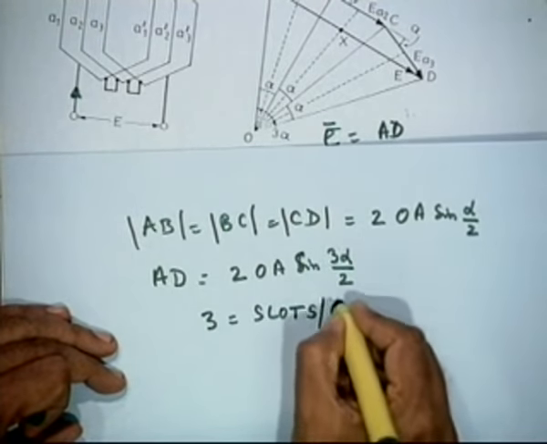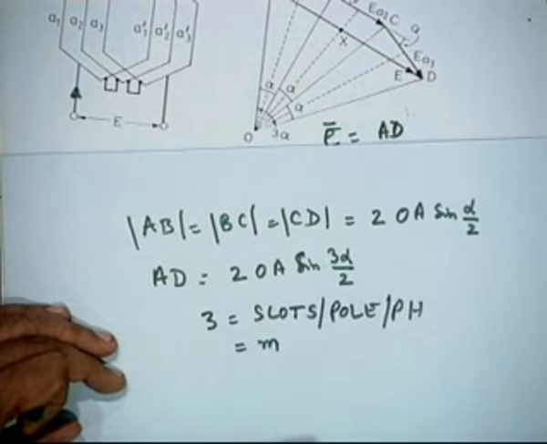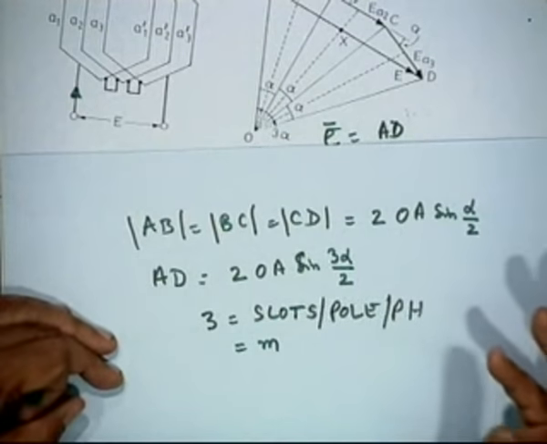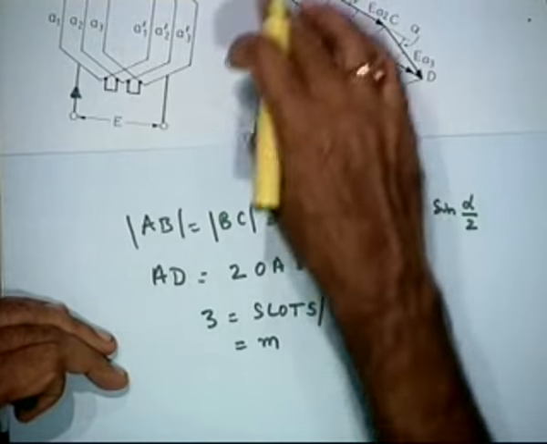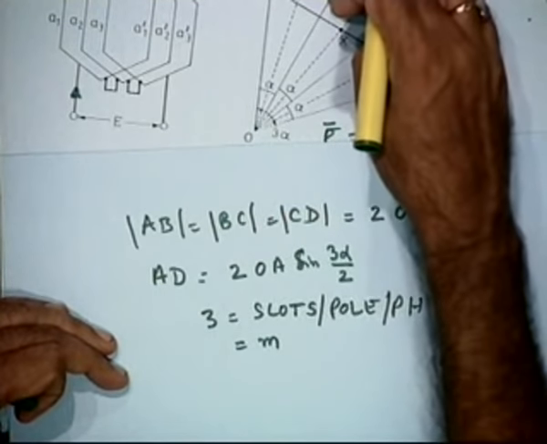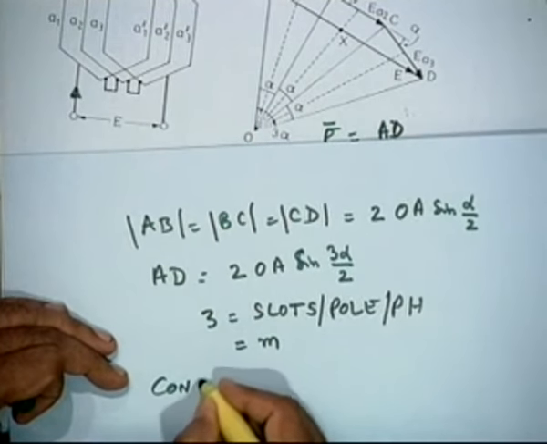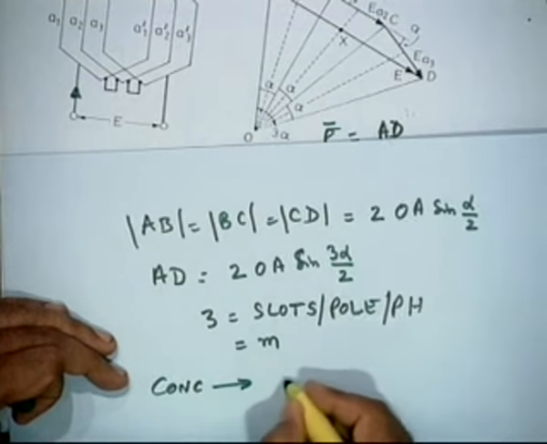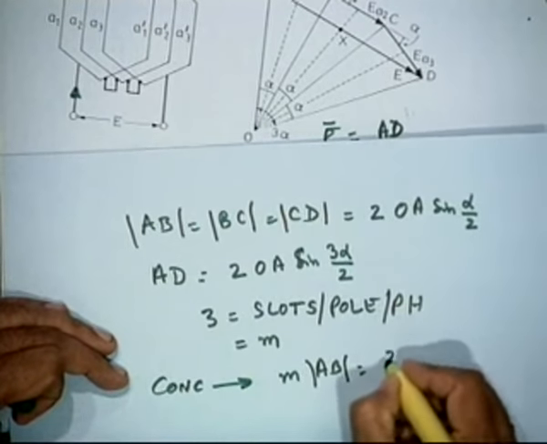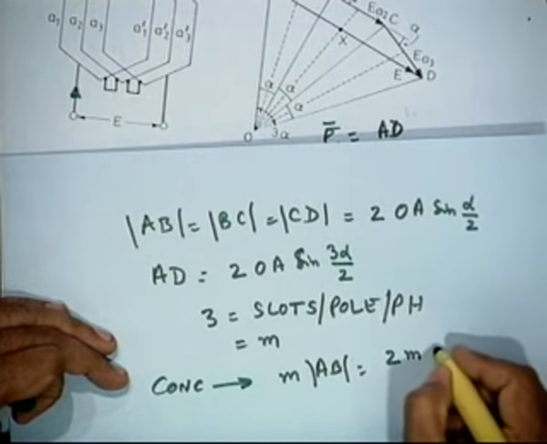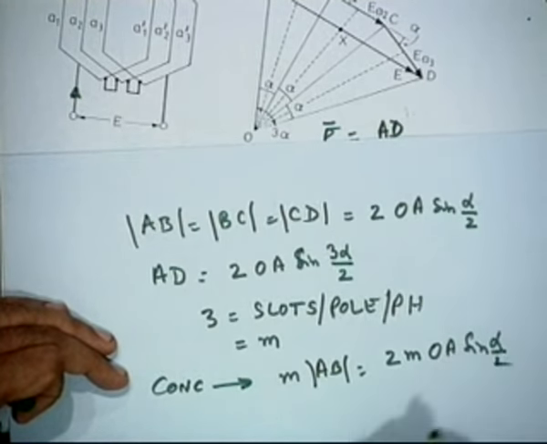We define slots per pole per phase, let us call it M. Here it is 3, it could be a general M. Therefore, if it were a concentrated coil, all put together in one slot, it will become M times AB, which is twice M OA sin alpha by 2.